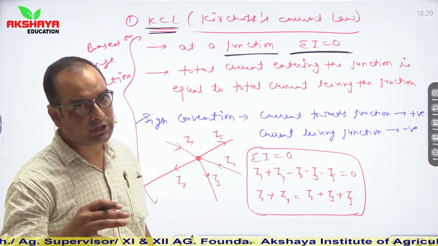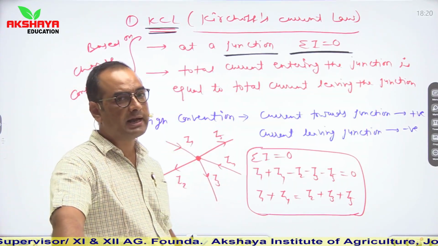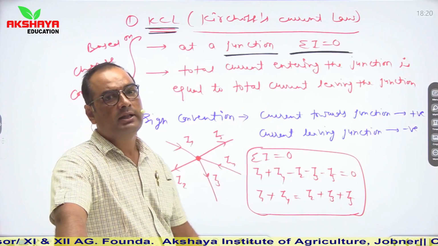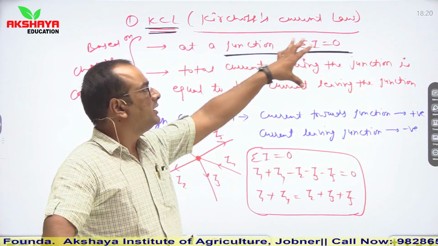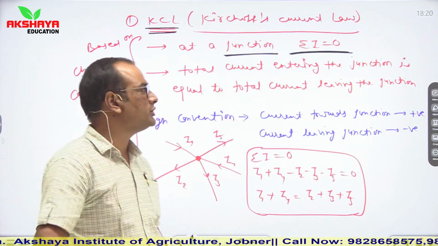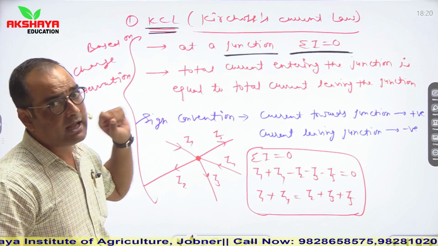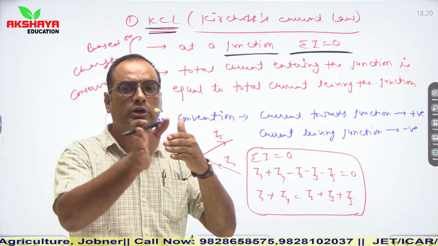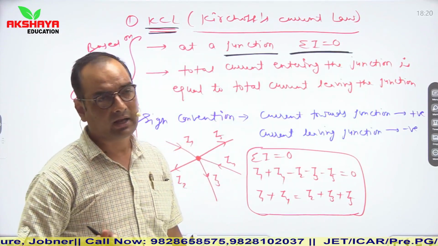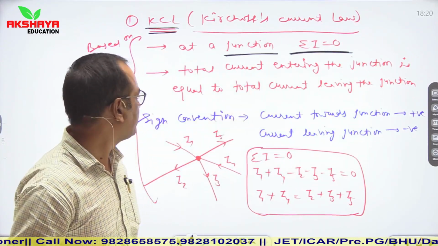So if 2 or more branches meet at any point in an electric circuit, then that point is said to be a junction. At that junction point, the algebraic sum of total current is equal to 0. It means we can say that the total current entering the junction is equal to the total current leaving the junction. Clear? This is the simple concept.